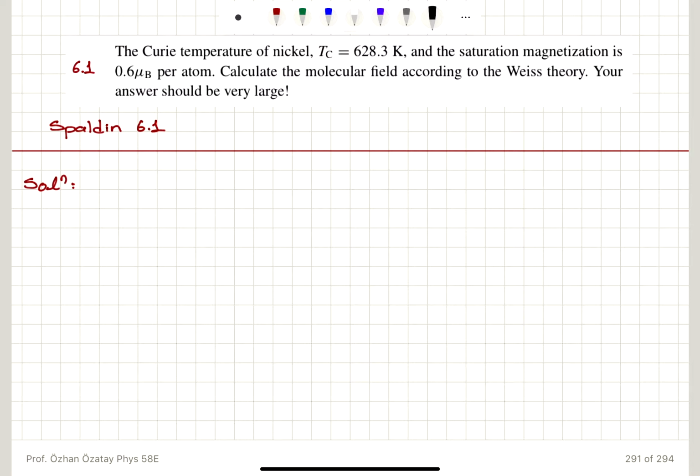Now, the magnetization M is equal to the number of atoms per volume, times the magnetic moment per atom, times the Langevin function. So N is the number of atoms per volume, m is the magnetic moment per atom.